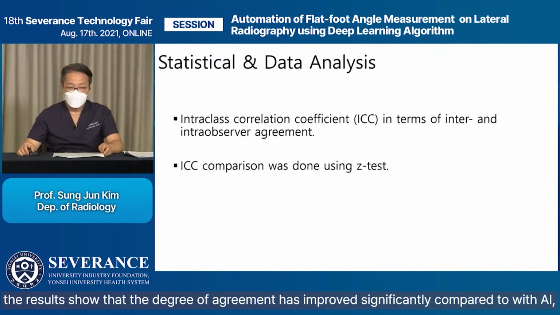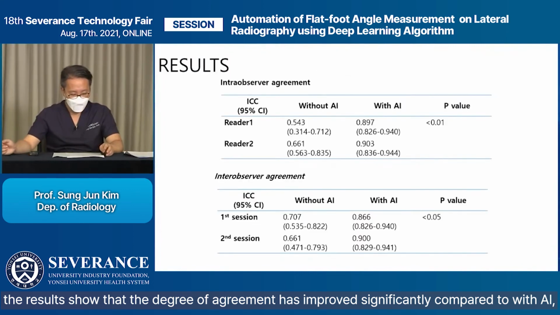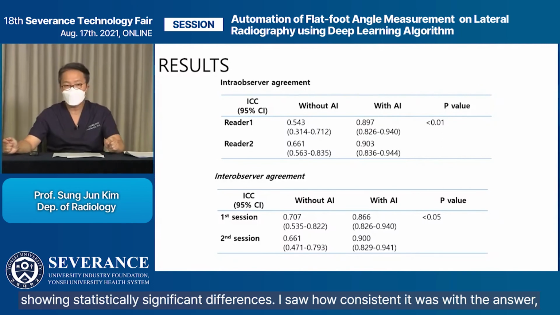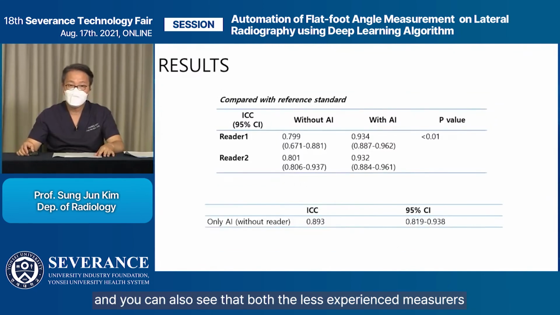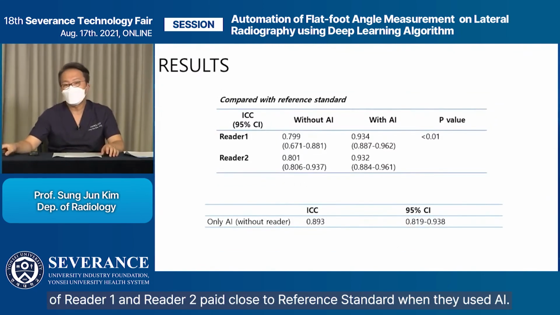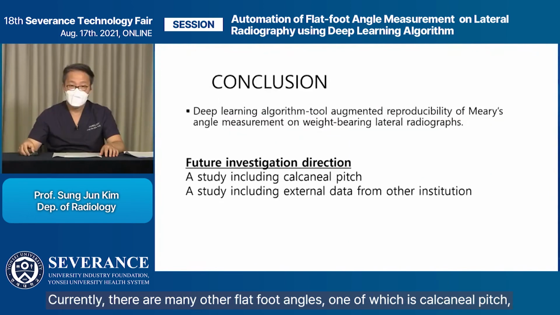The results show that the degree of agreement improved significantly with AI, showing statistically significant differences. I looked at how consistent it was with the reference standard, and you can also see that the measurements of the less experienced readers, reader 1 and reader 2, came close to the reference standard when they used AI.